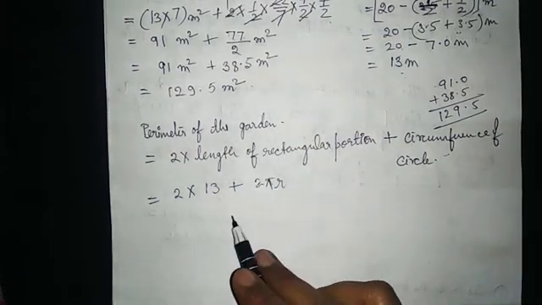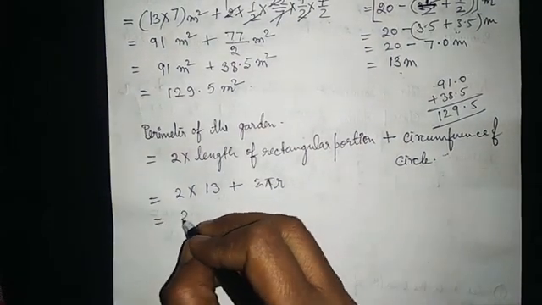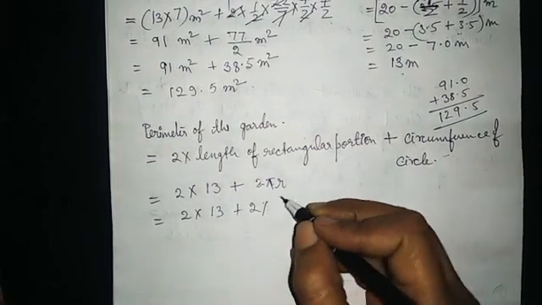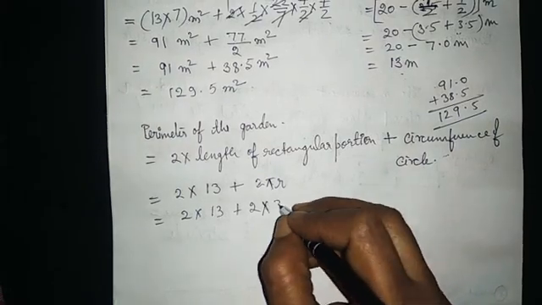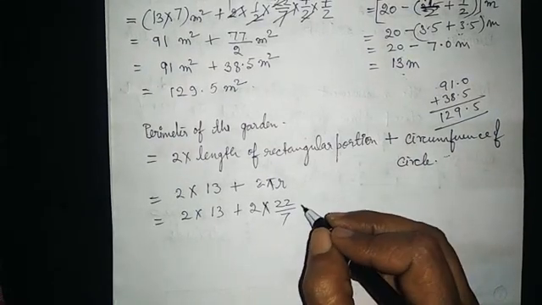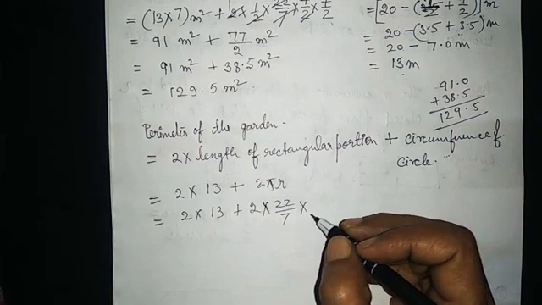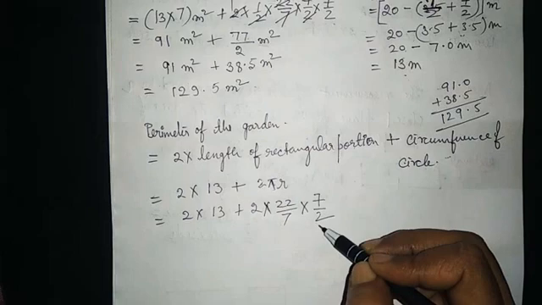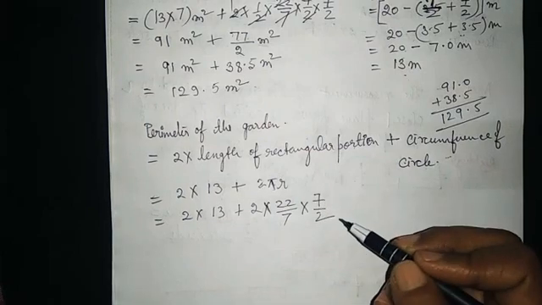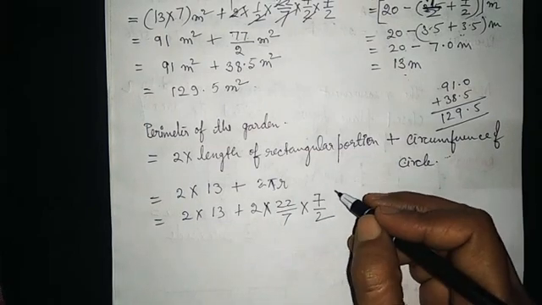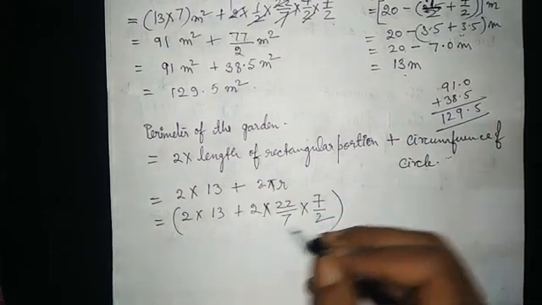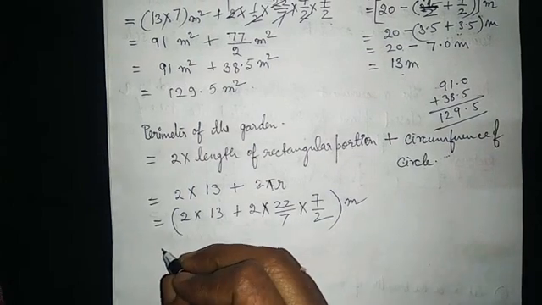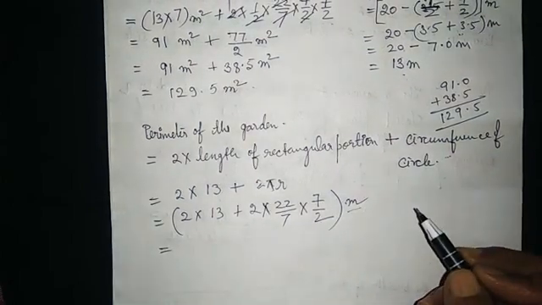Now we will put the formula for this: 2 into 13 plus 2 into, for pi we will write 22 upon 7 into radius, 7 upon 2. Here I have written half of diameter, and we will close this in the bracket, and after that we will write meter because we are calculating perimeter.